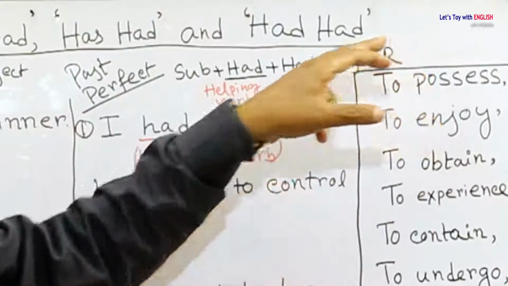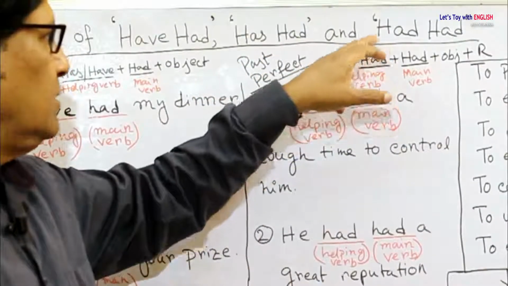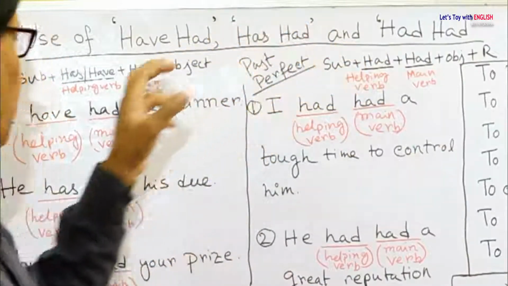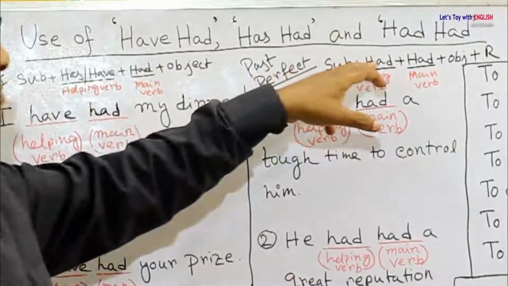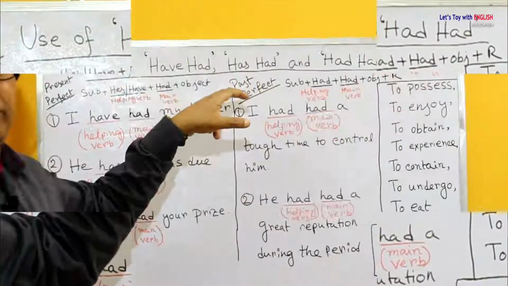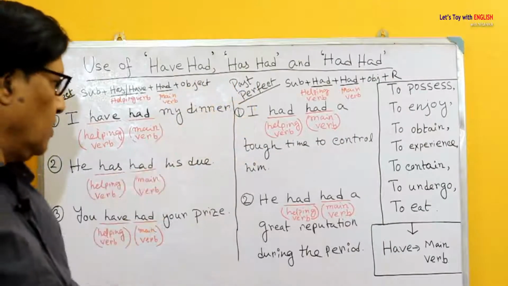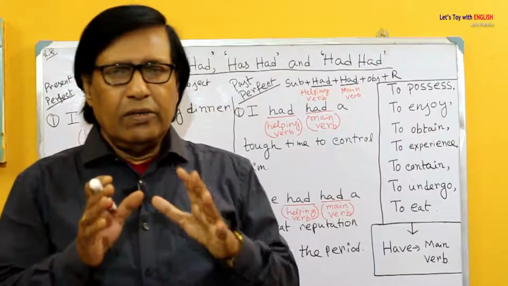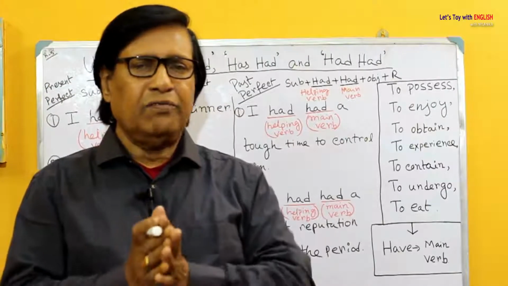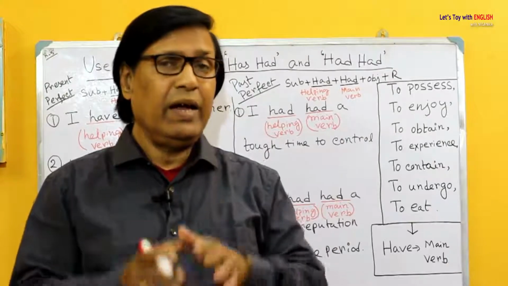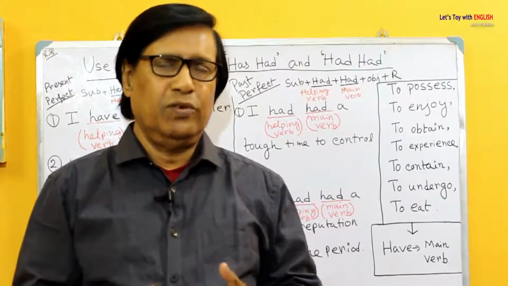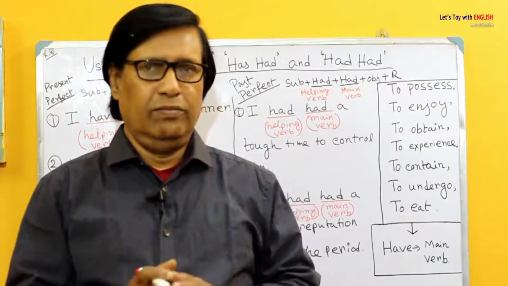But this has been changed to had, from has or have to had, because it is in the past tense. Okay, my friend? So, I think this complicated form of has had, have had, and had had, how they are used, why they are used, I think it is clear to you.